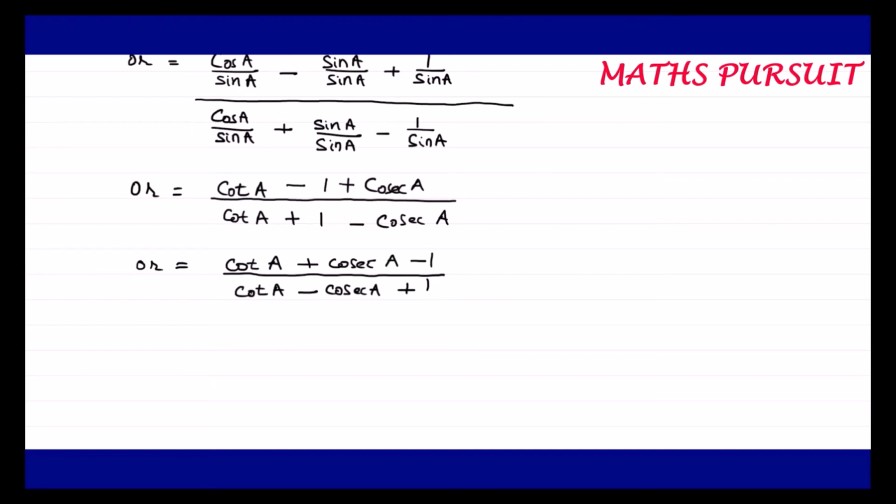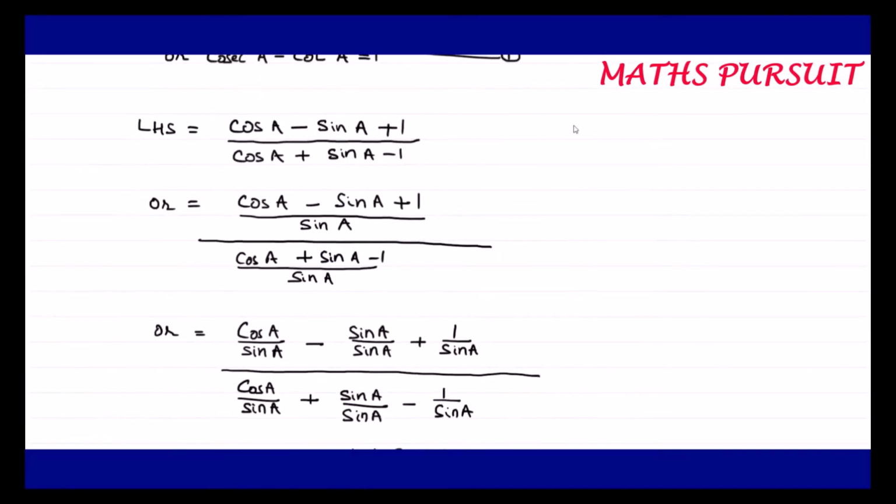Now guys, let us see. One other thing you could notice here, it is minus 1 here. So what I am going to do, if you remember, let me show you from the top. If you remember, we considered cosec square A minus cot square A is 1 from equation 1.